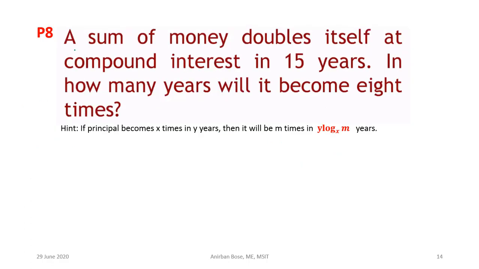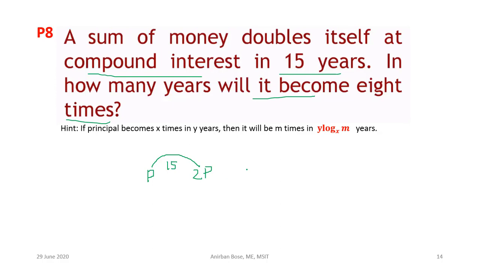Now, a sum of money doubles itself at compound interest in 15 years. In how many years will it become 8 times? So we have done a similar kind of problem in the case of simple interest also, and here also we'll do that. Suppose it was P, then it doubled in 15 years.